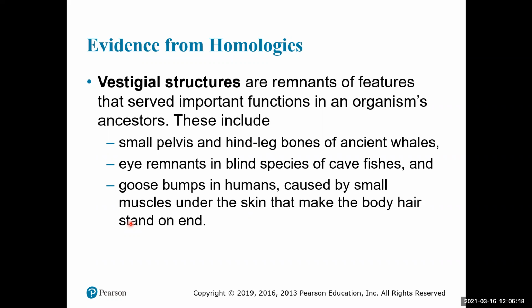For example, there are little bones in snakes that don't have limbs that are a remnant of a pelvic girdle. Goosebumps in humans are a vestigial structure, so no real function, but it did have a function in our ancestors.